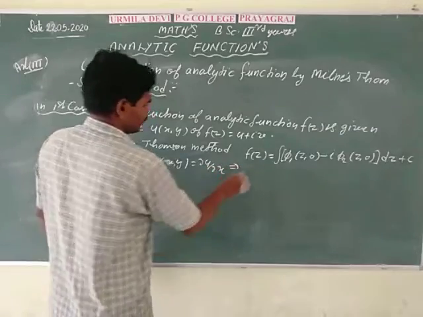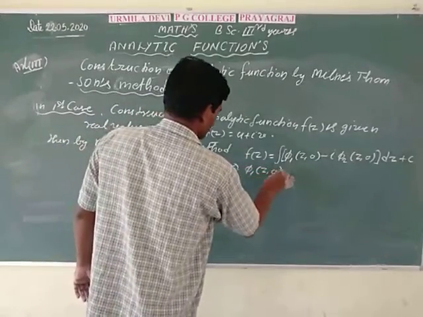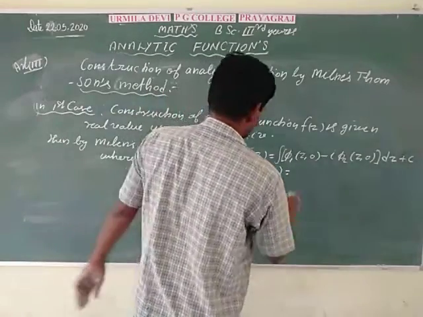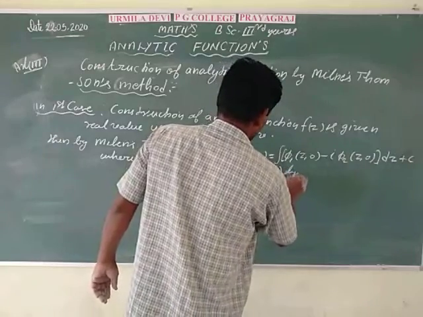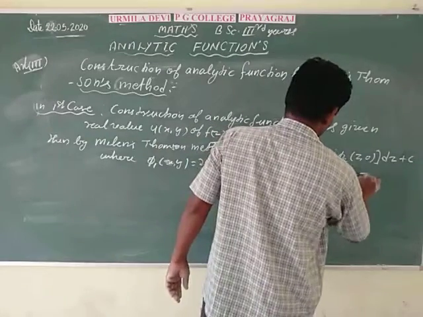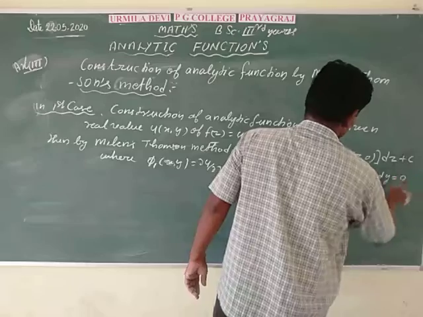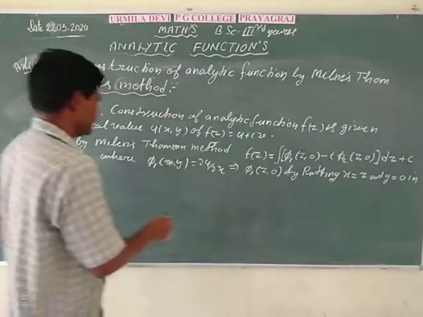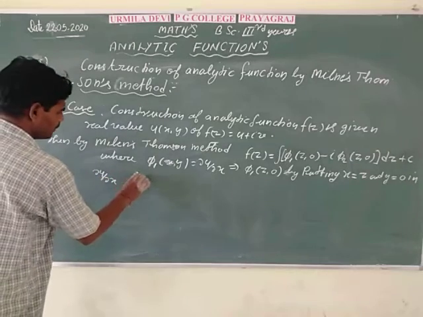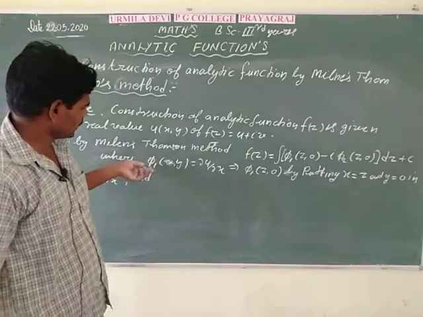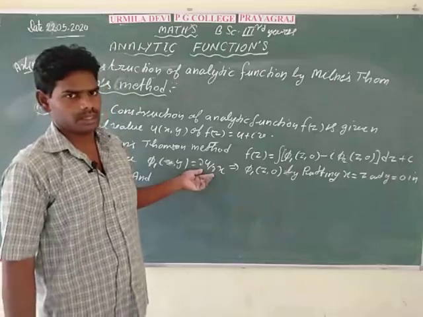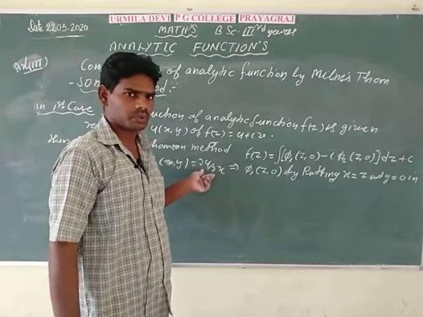It implies phi 1(z, 0) is obtained by putting x equal to z and y equal to 0 in del u by del x. Here the value of phi 1 function is the partial differentiation of the given real value with respect to x.